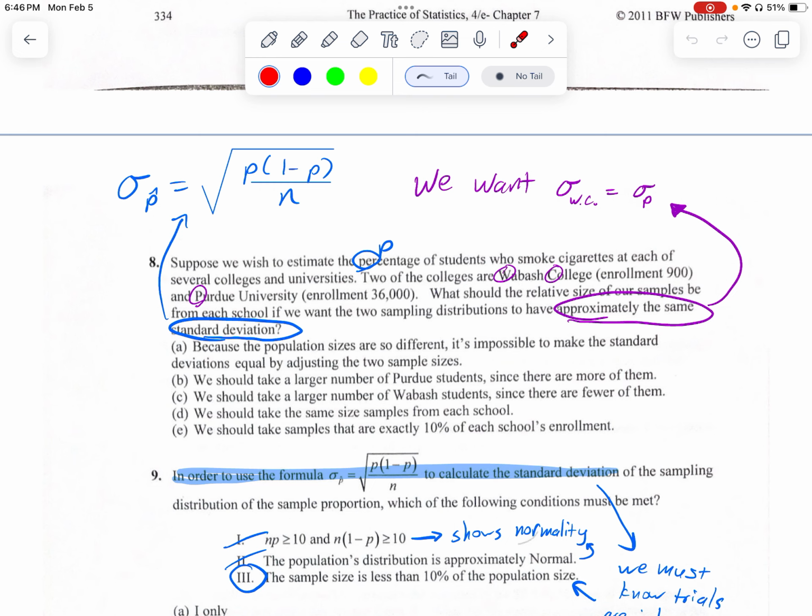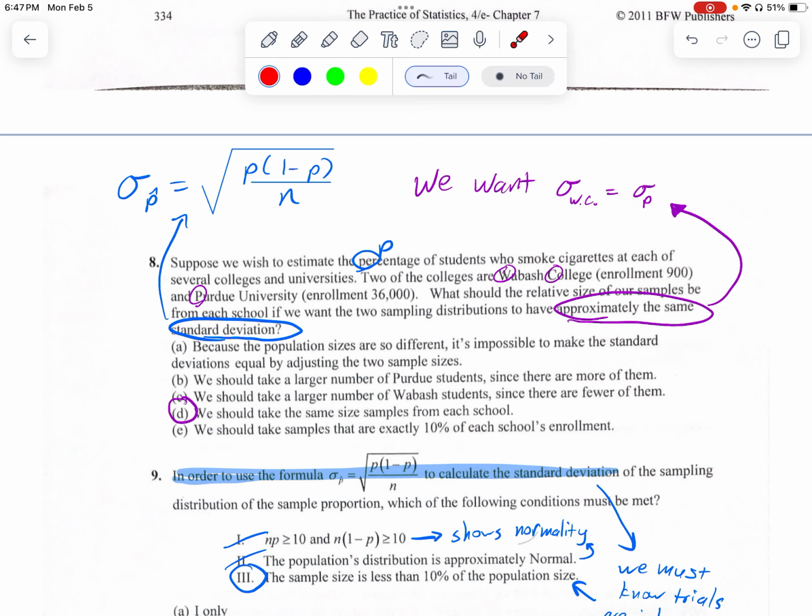So then the only thing that might be different is we could take different sample sizes. But if we want these to be equal and P is the same for both, well, then N has to be the same for both. So the answer is D here, okay? We should take the same size from each school, right?